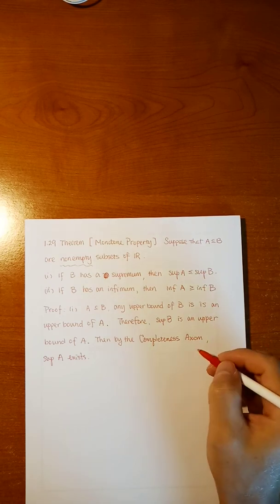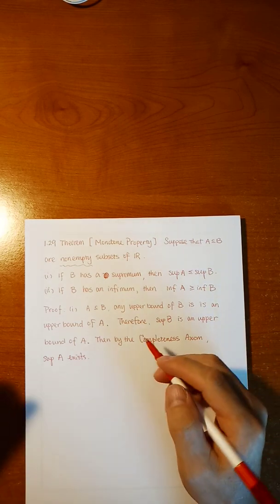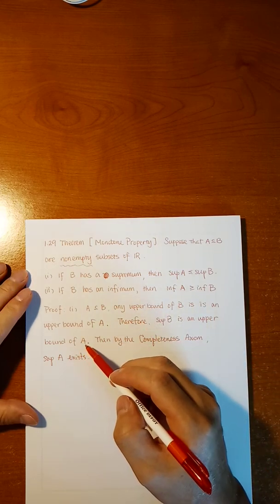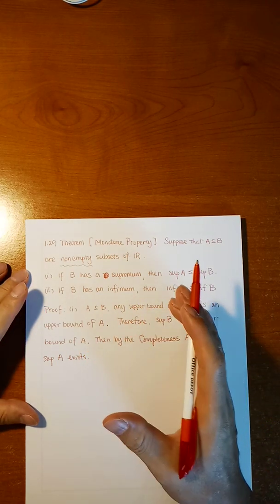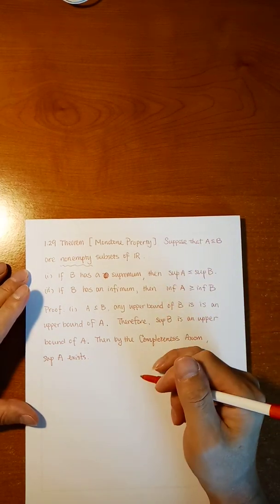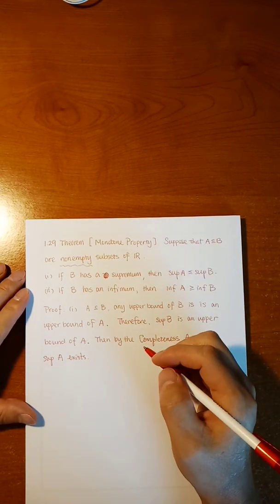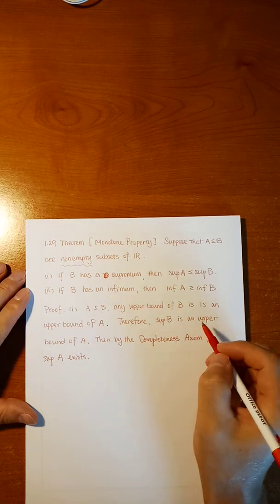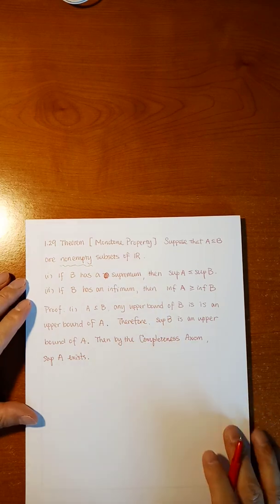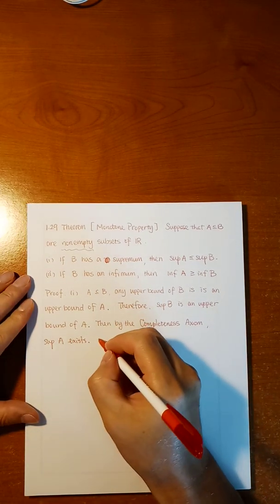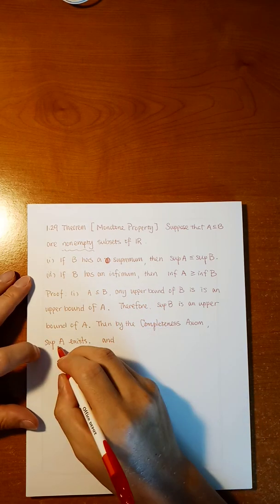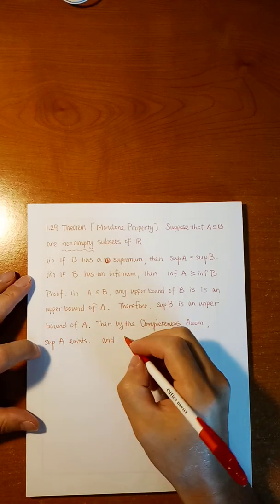Okay, so what is a completeness axiom? Completeness axiom says for the subset of real numbers, if it has an upper bound, it will have a supremum, right? Okay, so B is the upper bound, so upper bound exists, then the supremum of A exists, and the supremum of A is the smallest upper bound.